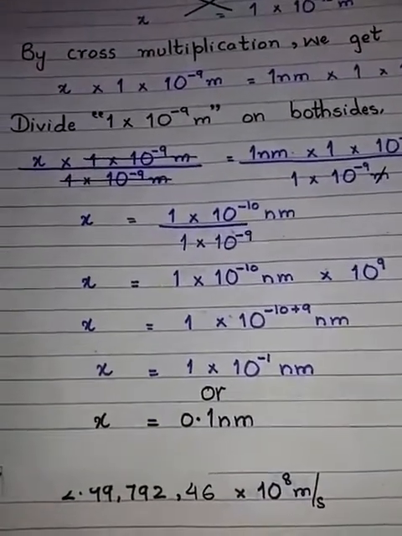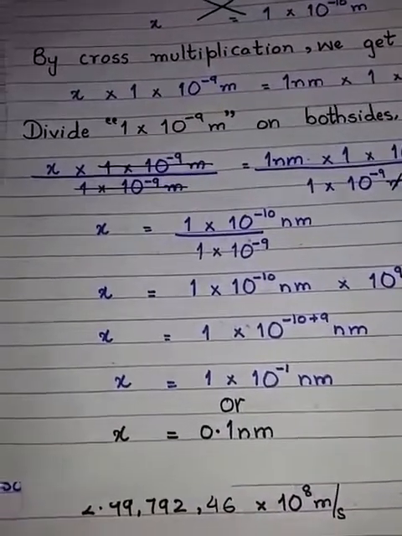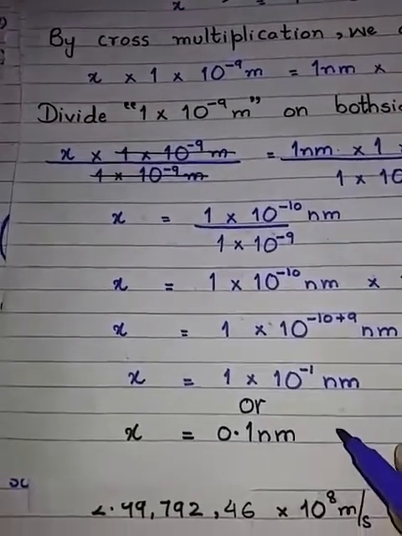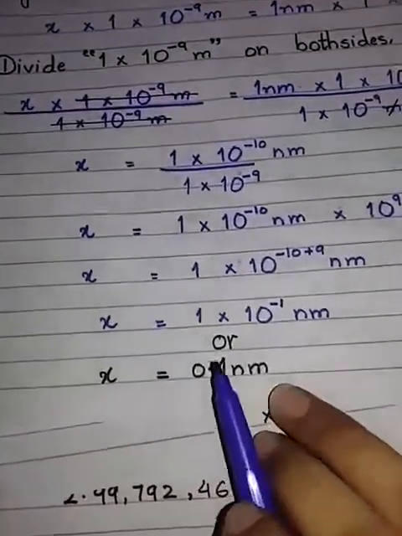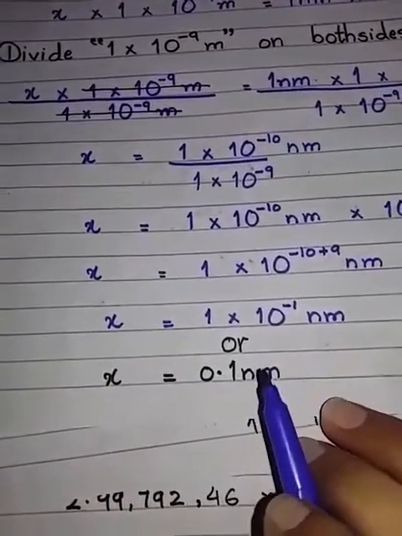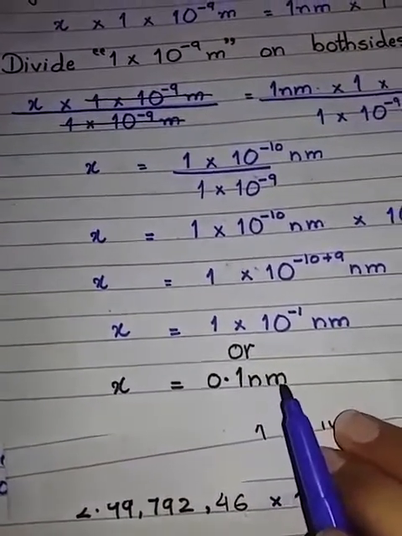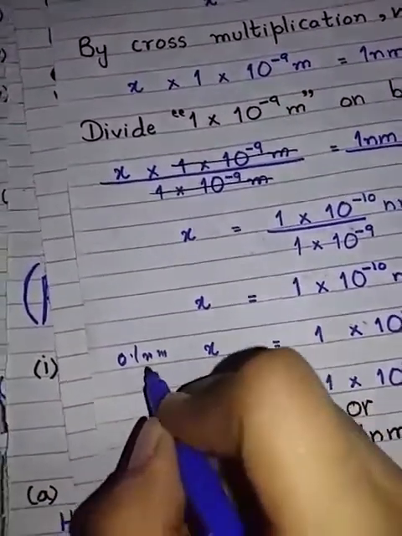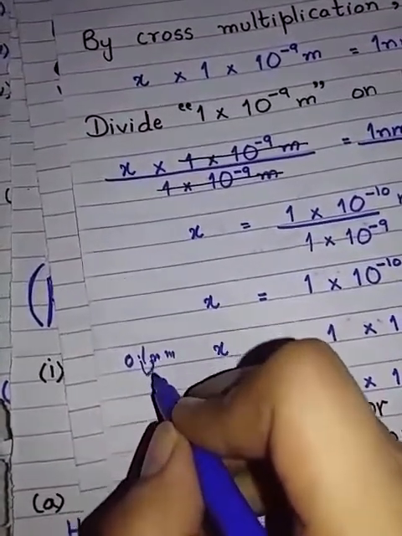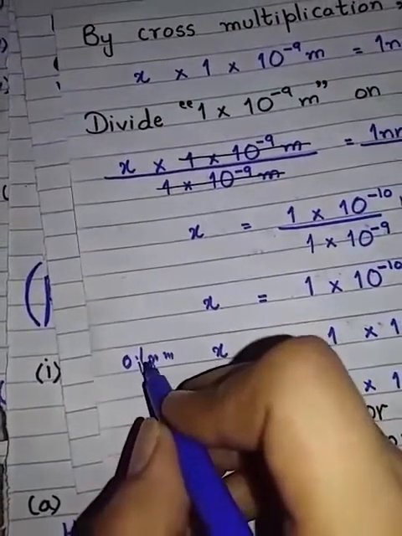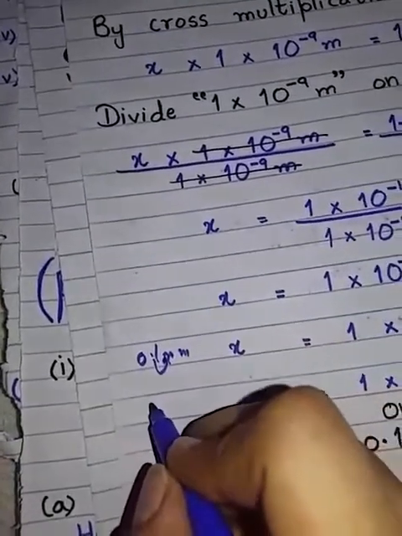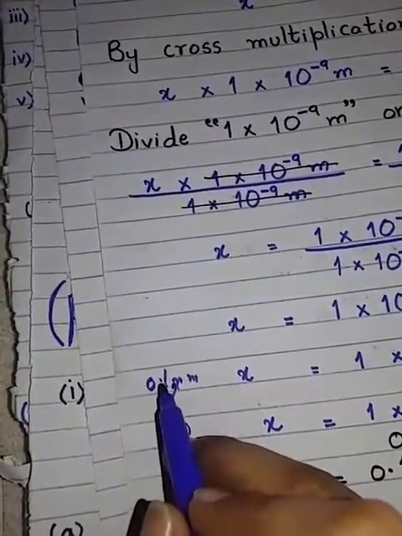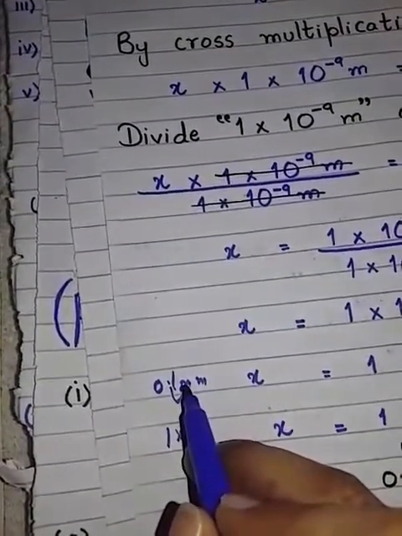Girls, when the power of 10 is plus 1 or minus 1, we will convert this value in simple notation. How can we convert? 10 raised to power minus 1 is equal to 0.1 nanometer. Suppose the value is 0.1 nanometer. When we convert this value in standard form, the decimal will be placed after the first non-zero digit. 1 is the first non-zero digit, so the value is 1 into 10 raised to power the number of digits between the initial position of the decimal and the new position of the decimal.